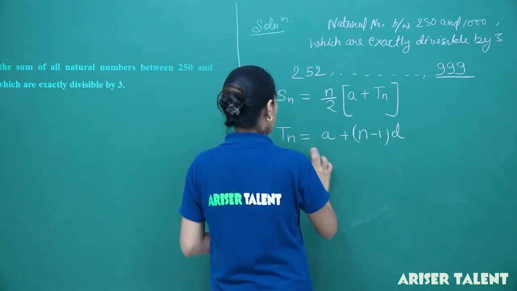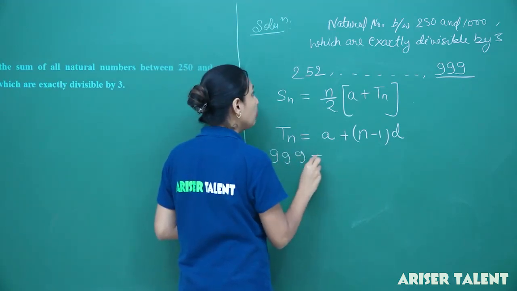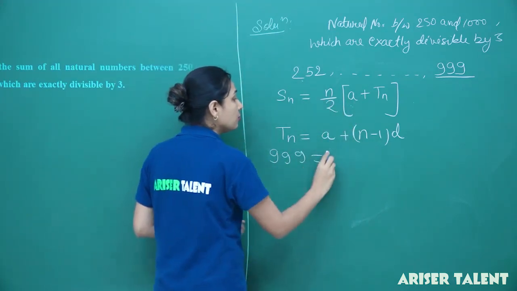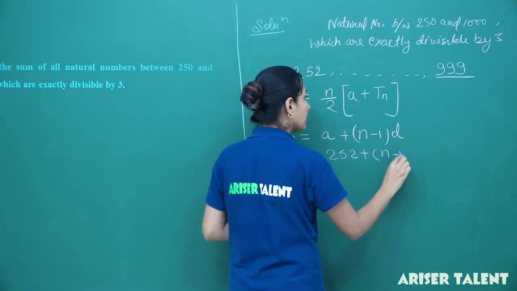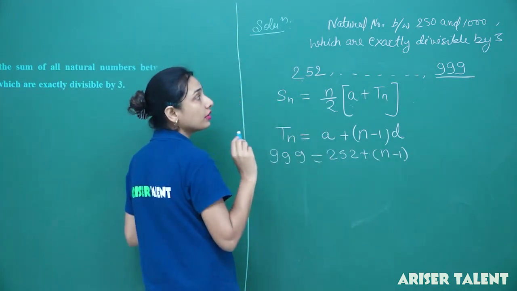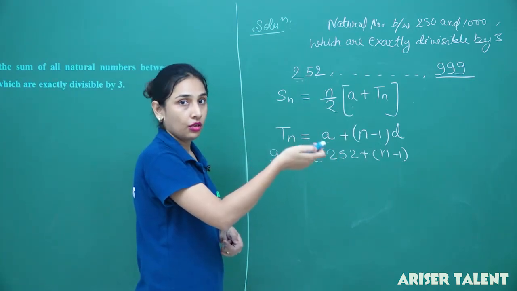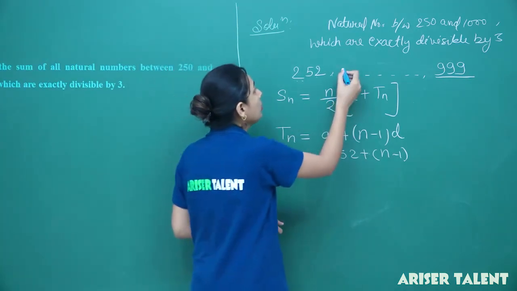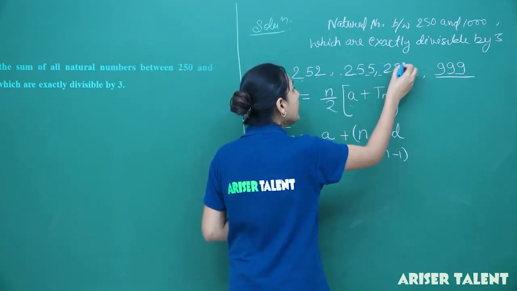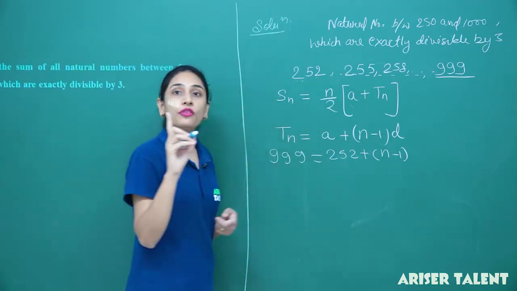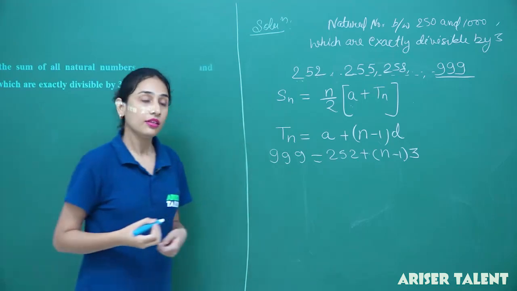The value of Tn you found is 999, the value of a is 252, plus n minus 1, and the difference is what? After 252 comes 255, then 258, and so on, with a difference of 3. So d equals 3.